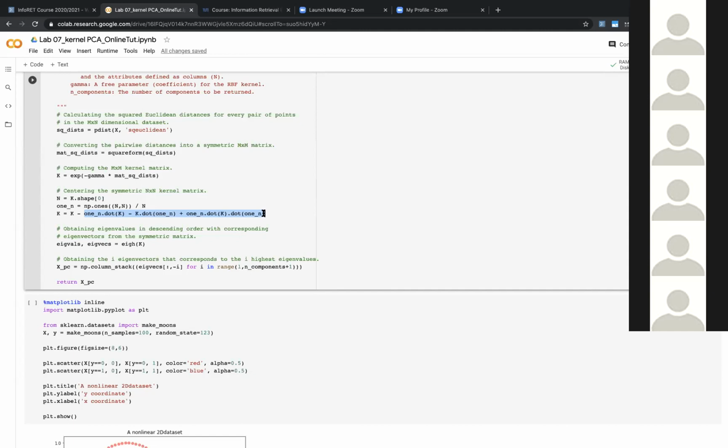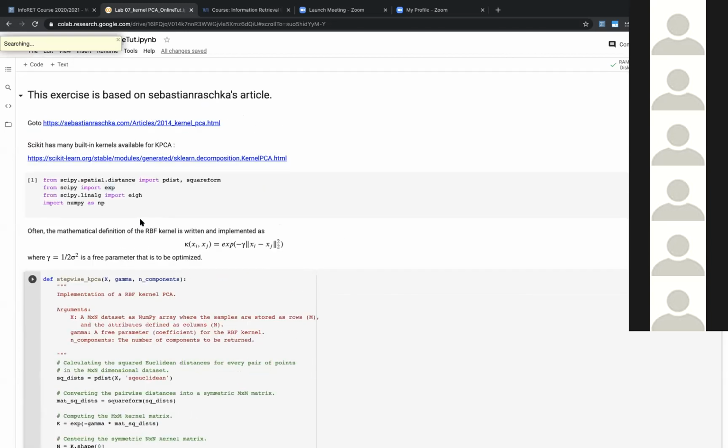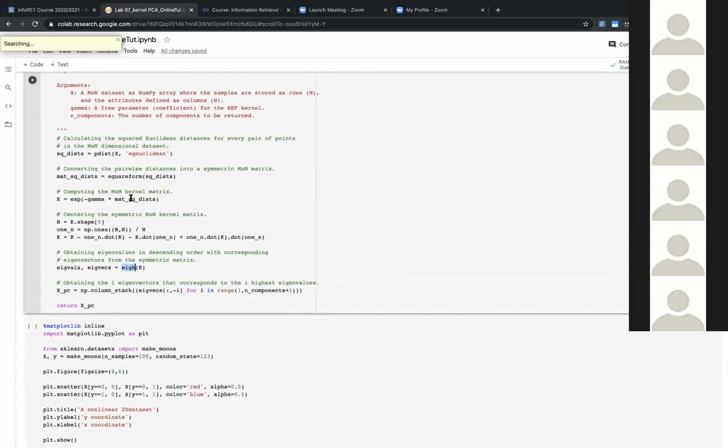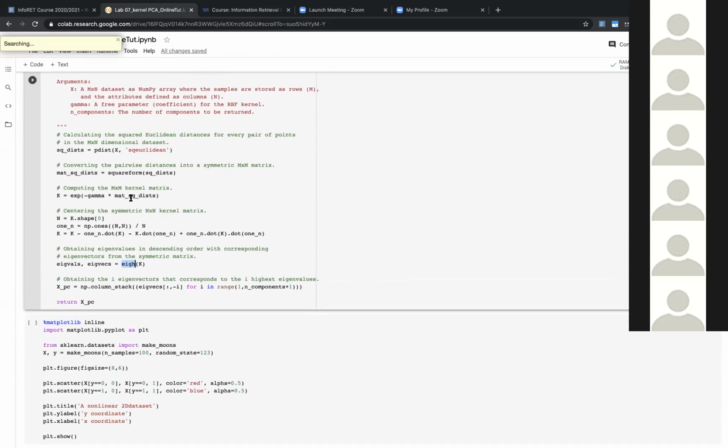Coming back, now we want to obtain the eigenvalue decomposition. This function from SciPy linear algebra calculates the eigenvalues, and they come in decreasing order.